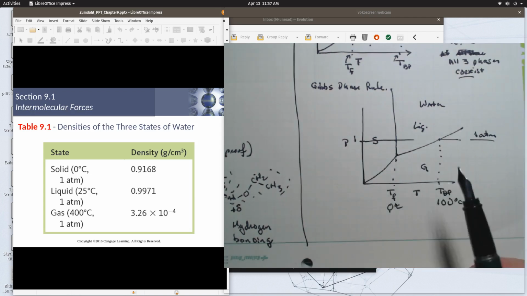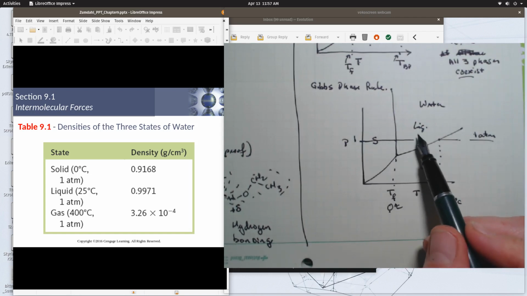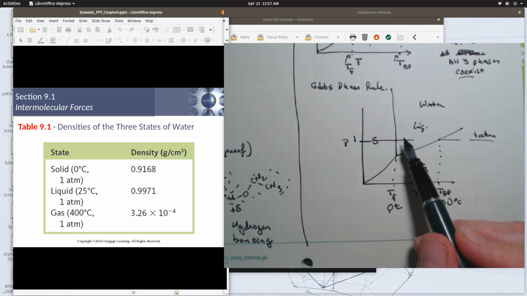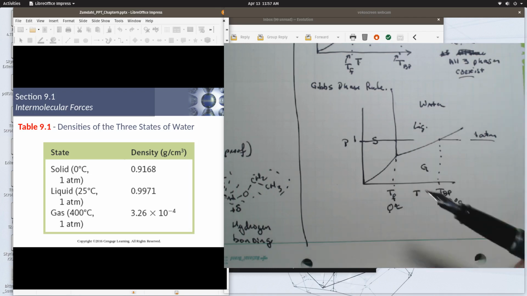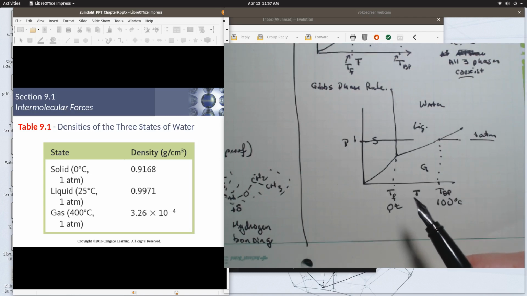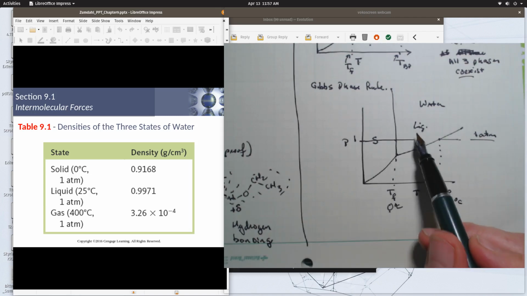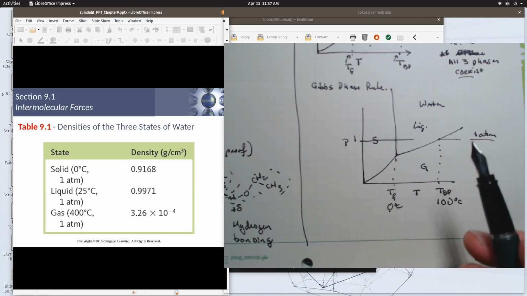In fact, water has sort of an interesting property. If you look at the density of the liquid water versus the solid water, you might notice something odd looking at the table over to the left here. The density of solid water is less than the density of liquid water, and that's unusual.